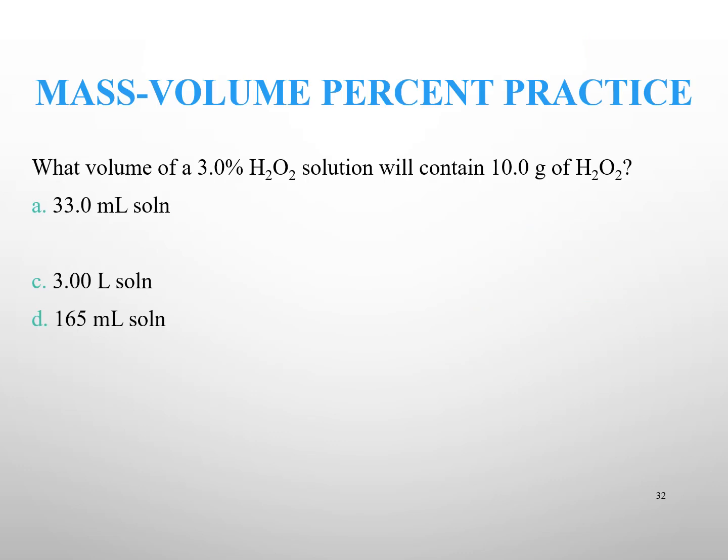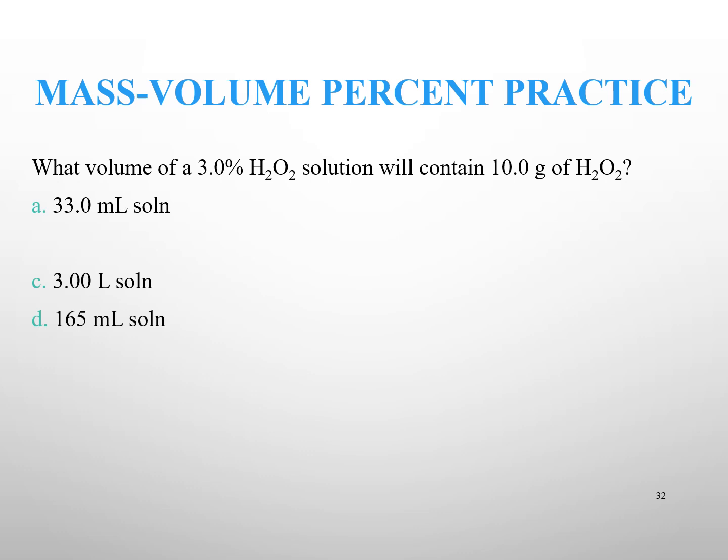So let's try another mass volume percent question. So this is 3% mass volume of hydrogen peroxide, okay? What volume of 3% mass volume percent hydrogen peroxide solution will contain 10 grams of hydrogen peroxide? So what you're looking for is 10 grams of hydrogen peroxide, and you want to turn it into volume.